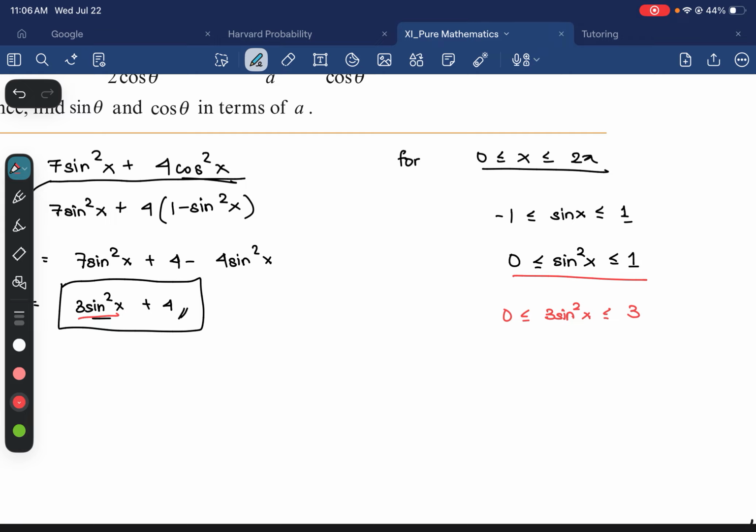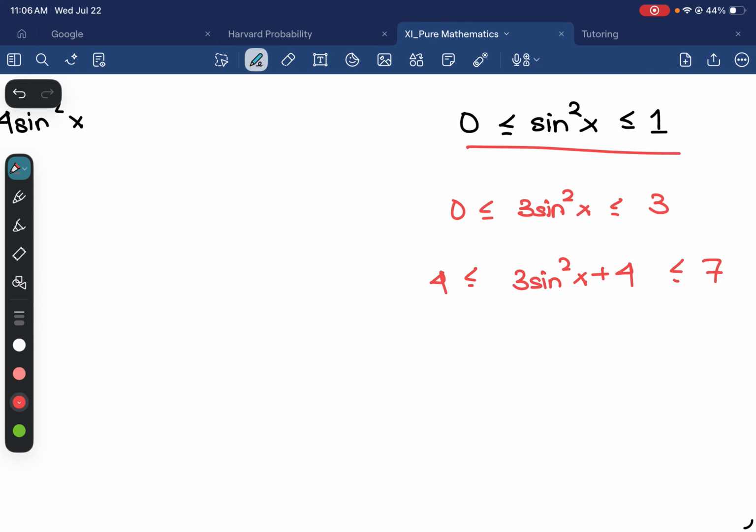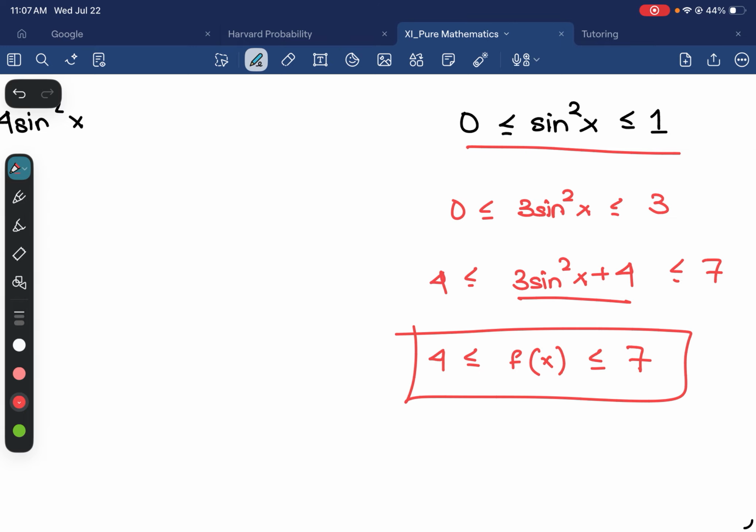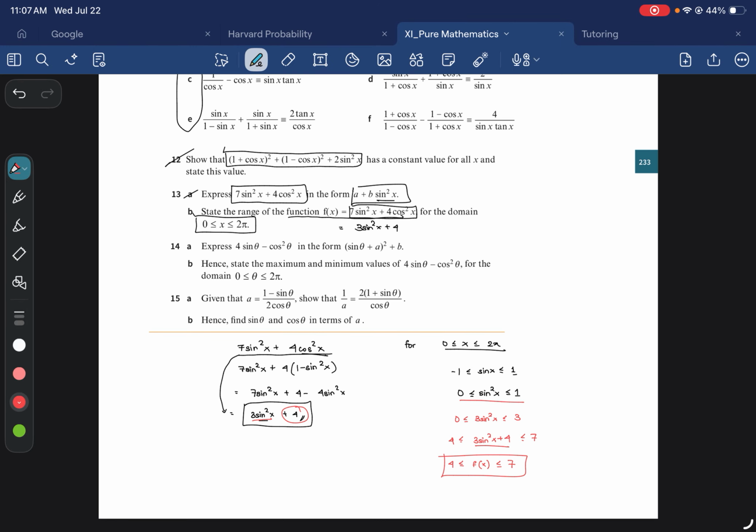So 3 sine squared x is going to look like this. And for the 4, I just need to add 4 on all sides. Sorry, plus 4 is less than or equal to 7, right? I just add 4. And this is the function that we were looking for. So the range is between 4 and 7. All right.